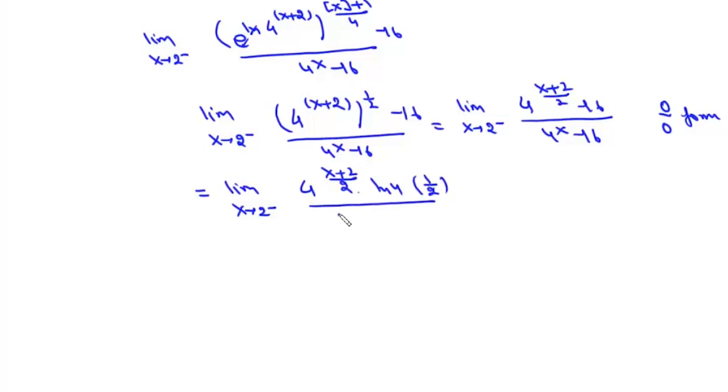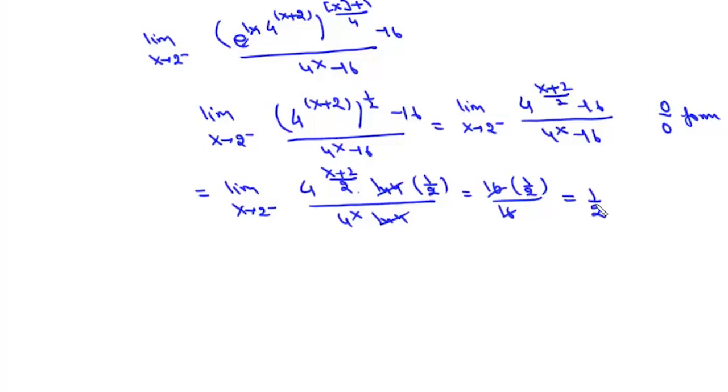And in the denominator will be 4 to the power x log 4. Now this log 4 will cancel. Now if we put x as 2, this is 4 square, which is 16 into 1 by 2, and here also it is 16. So value of this left hand limit is 1 by 2.